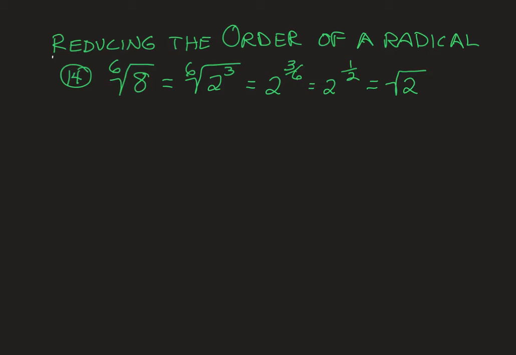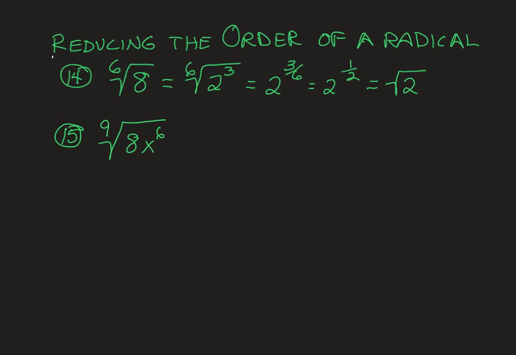So let's return to example 15. This example is going to be rather more complicated. We're going to take a ninth root. We're not just going to take a ninth root of a single thing. Let's take a ninth root of 8x to the 6th.